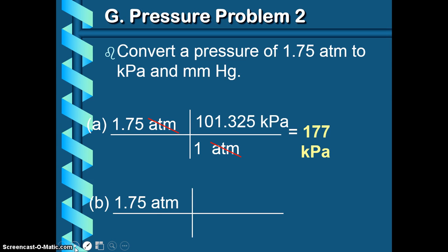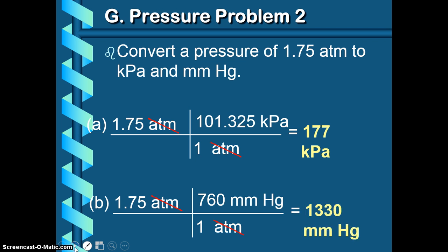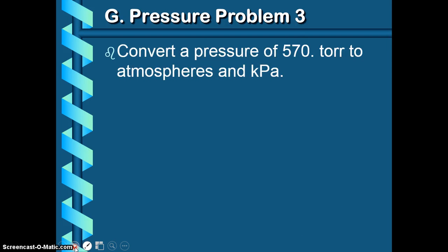1.75, we're going to take it to millimeters of mercury. Again, 760 over 1. Get rid of your units and end up with 1,330 millimeters of mercury. Convert a pressure of 570 torr to atmospheres and kilopascals. Remember the decimal point right here makes these three numbers significant.